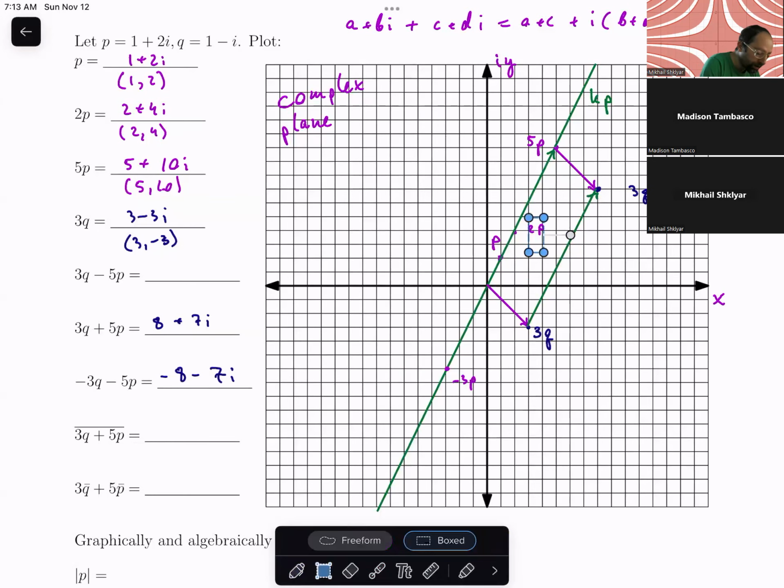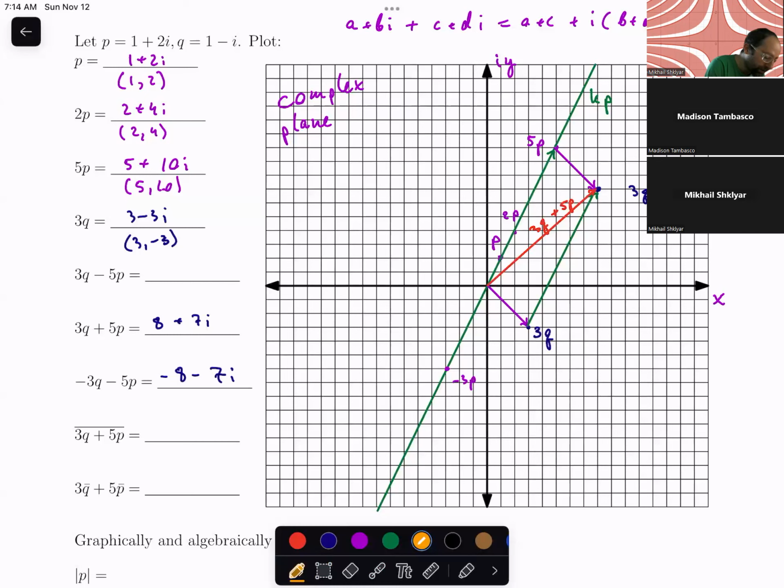This is p over here, this is 2p, and this complex number, sometimes called the resultant, is 3q plus 5p. Notice that I can label the complex number, I can label this point, or I can also label the vector, and it is understood that they mean the same thing. Now, if I were to subtract 3q plus 5p from 0, I will do the same thing as getting -3q minus 5p. Essentially, I'm going to get the reflection, which is -8.